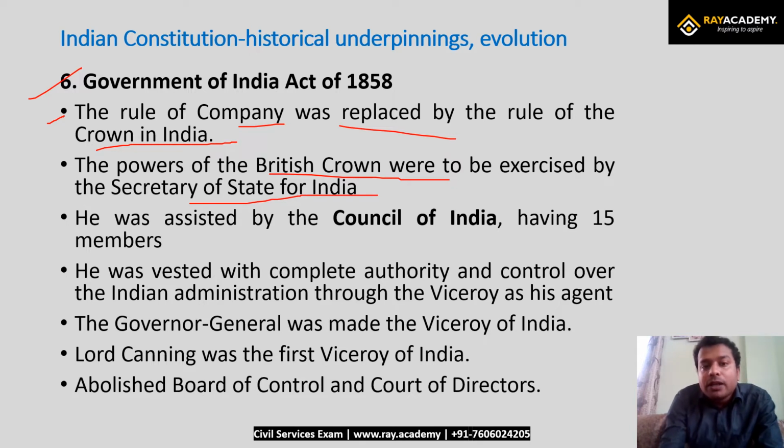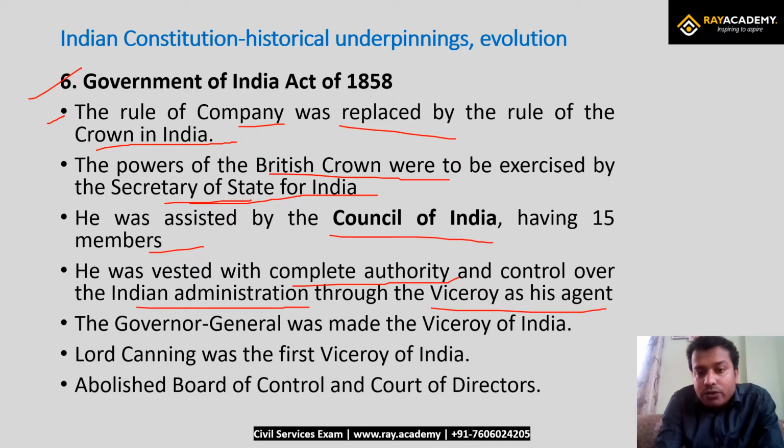You need to understand that the British government had different secretaries for all of their colonized states. So for India also they had a Secretary of State. He was assisted by the Council of India having 15 members. He was vested with complete authority and control over Indian administration through the Viceroy.